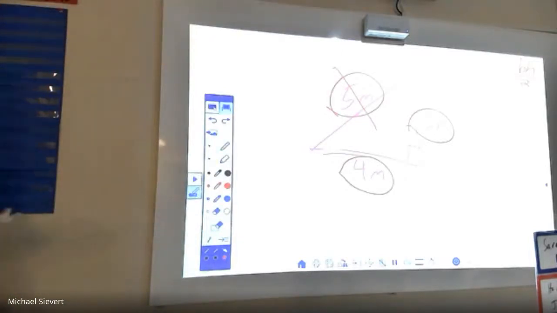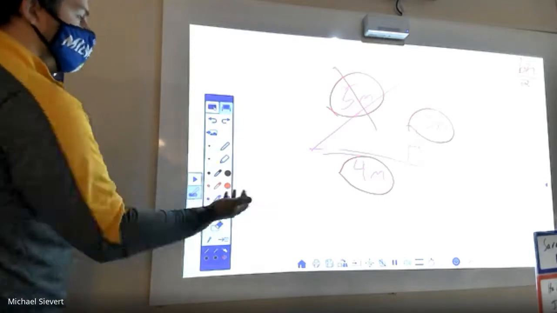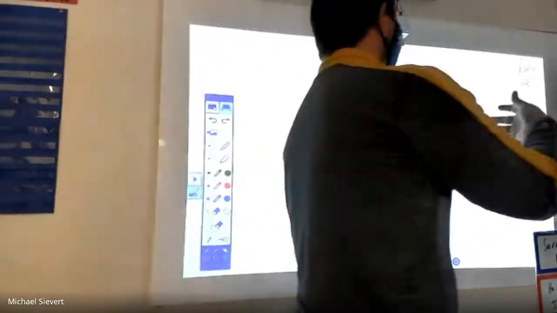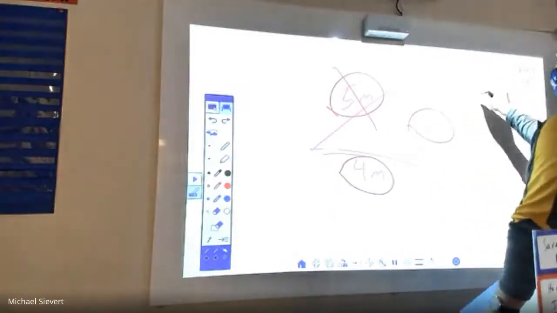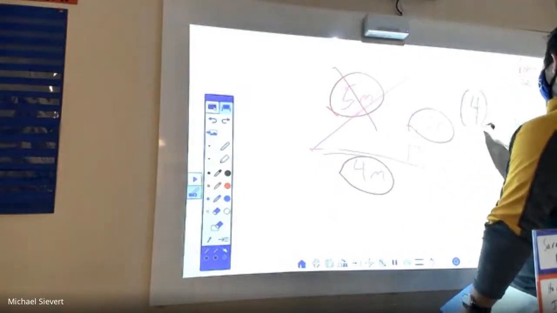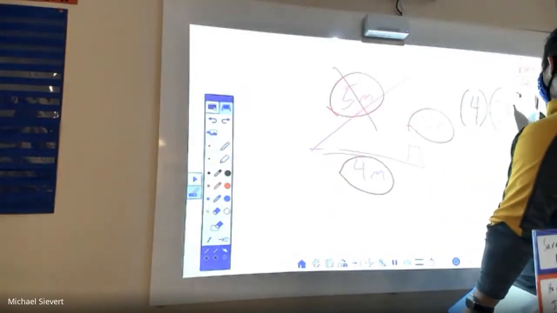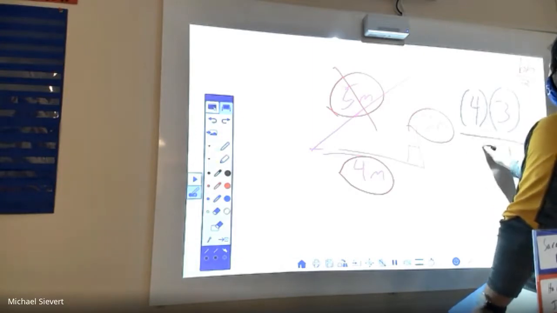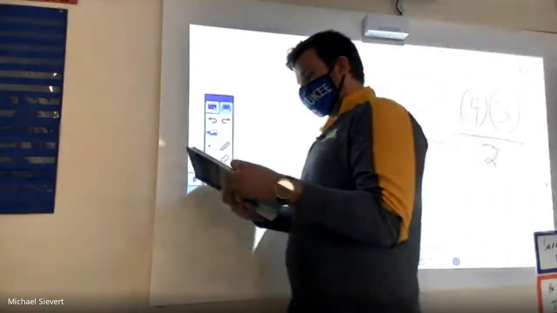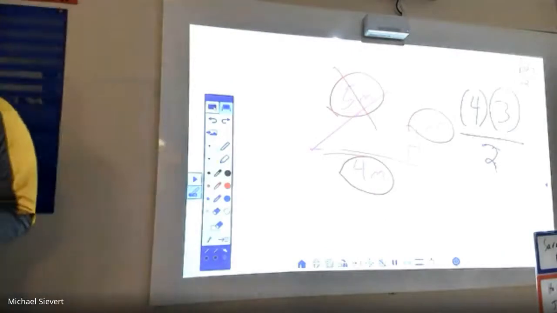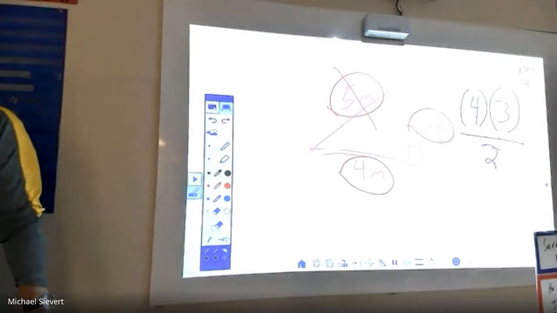Now we have to fill in the equation. Everything in blue is the function, so the process, the solving, the simplifying. 4 times 3 divided by 2. What do we get? And I'm looking for the whole answer.